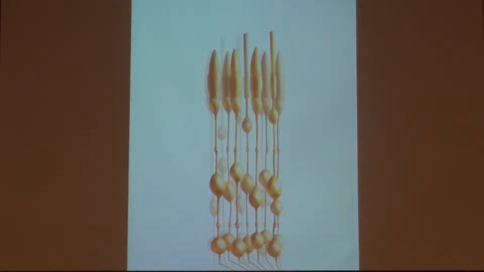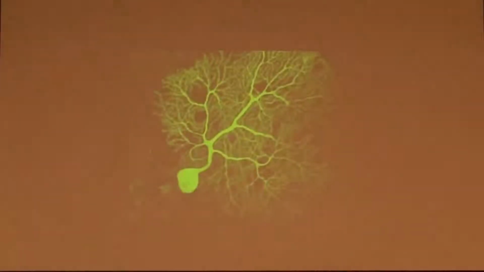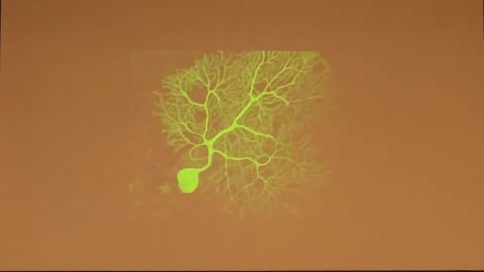Okay, so we got a few of those neural systems, and here we have a typical arborization that is quite typical and a little extreme, but you see here the integration this neuron is doing before it sends out an axon.